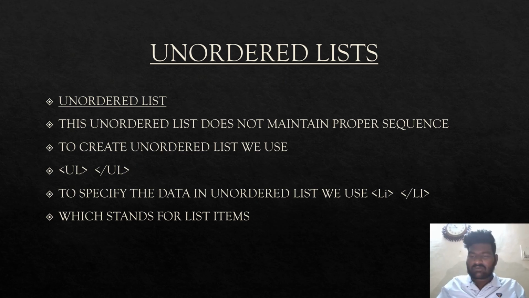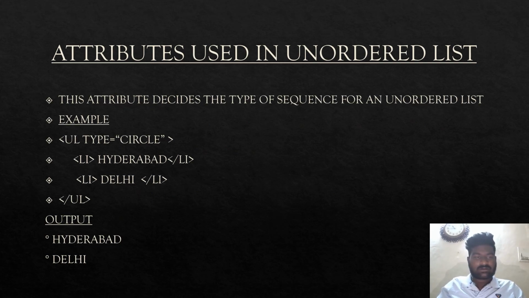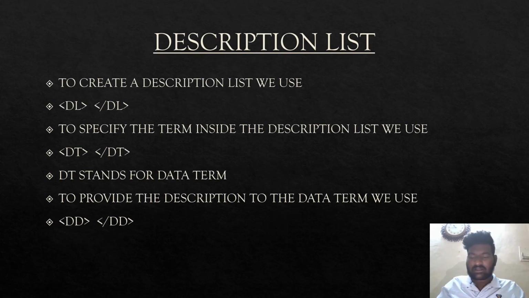Unordered list. Generally all of you know unordered lists; they do not give as good a look as ordered lists, which are clearly understood by everybody. The definition list and description list are both the same, don't worry about that.